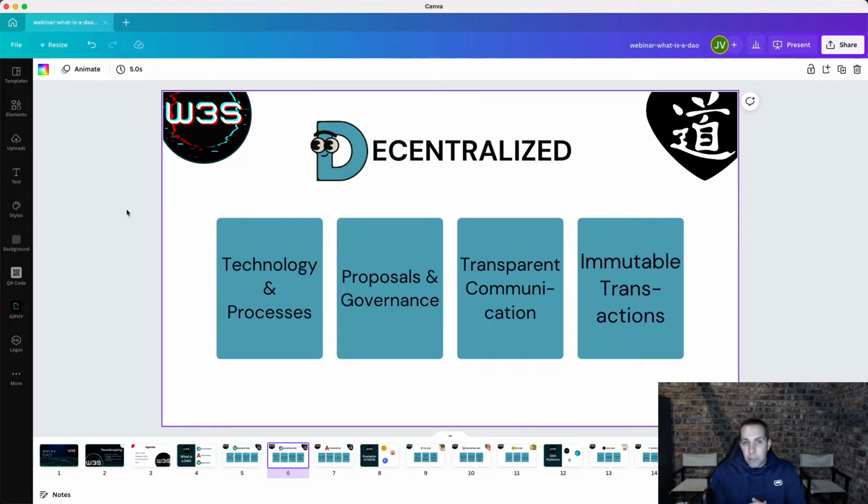If we go to decentralized, the difference over here now is obviously when the technology comes into play. The DAOs mostly run on a decentralized blockchain. So the processes that get used via the DAO technology run on blockchain networks. Therefore, it conforms to immutable transactions.